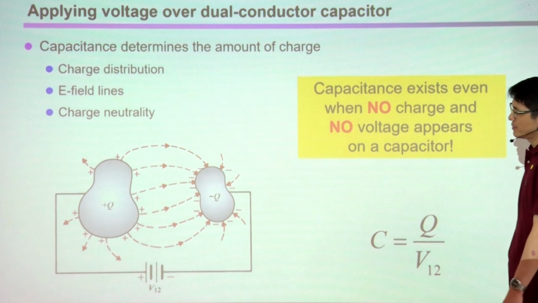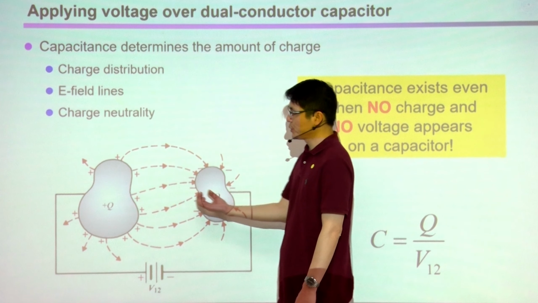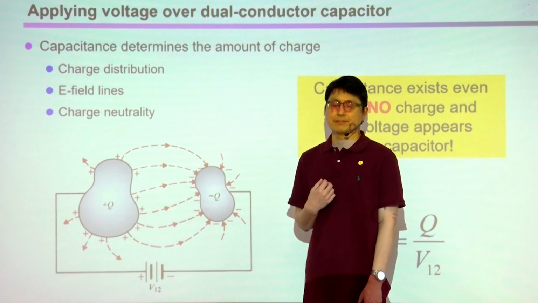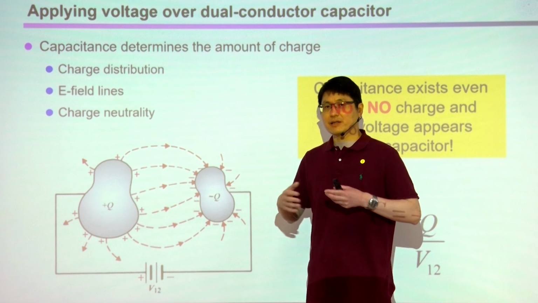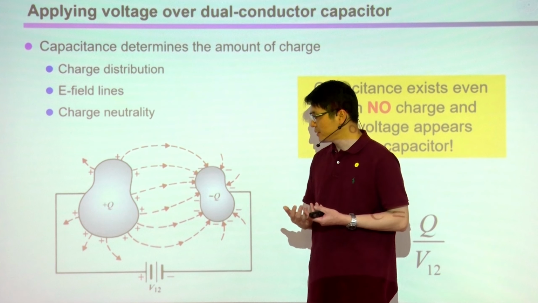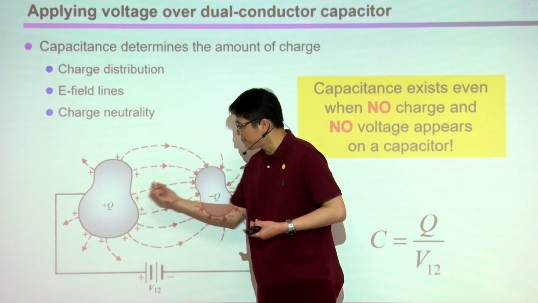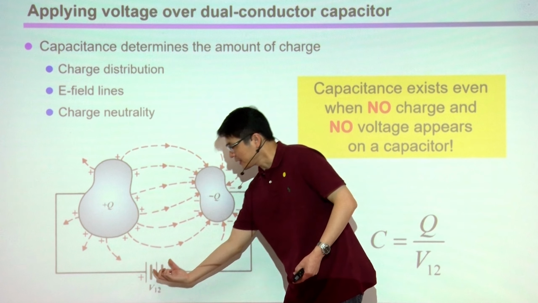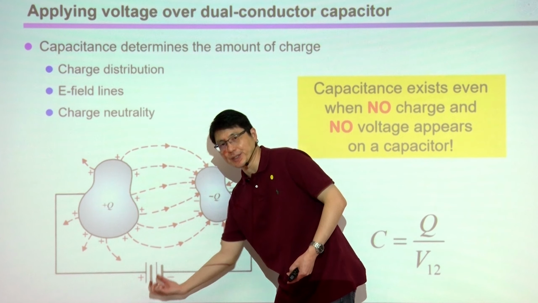So what happens if we have two conductors? It also functions like a capacitor. And for these two conductors, you connect them with a battery.